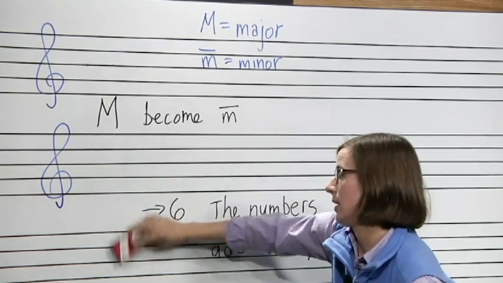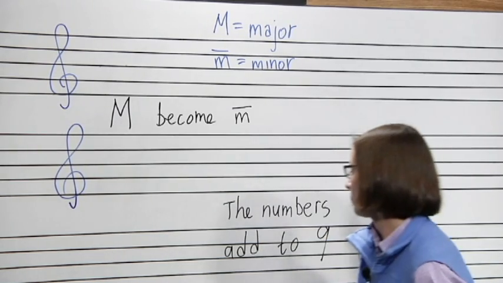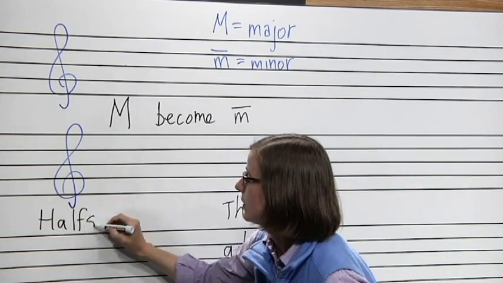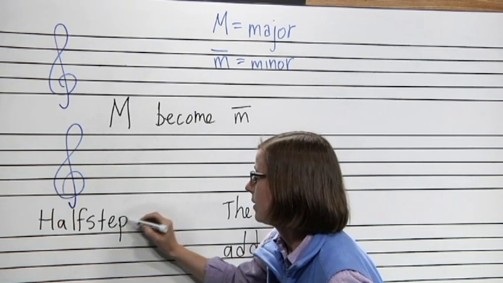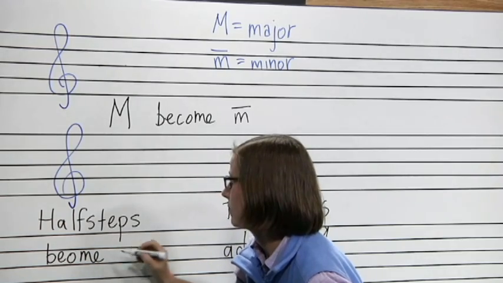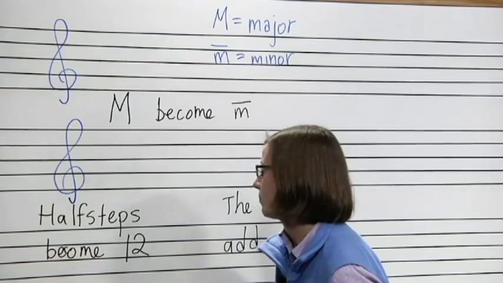Maybe the half steps add up to something too. And in fact, they do. This is the last thing you need to know about this. Half steps become 12 when you add them.